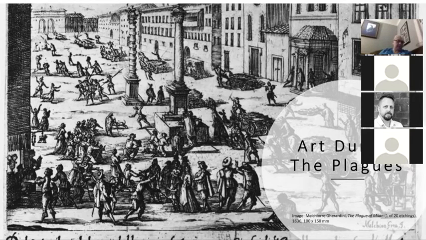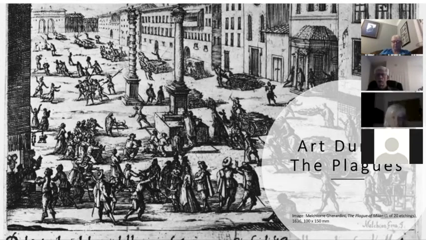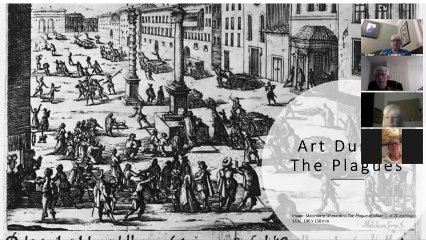So there were three types of plague starting from the Middle Ages: bubonic, septicemic, and pneumonic. But we're going to focus on bubonic. There are a lot of inaccuracies in the years when scholars have been looking at plague.